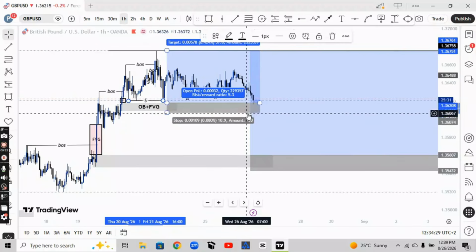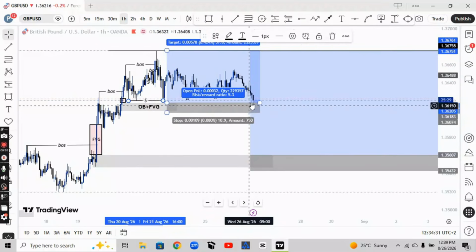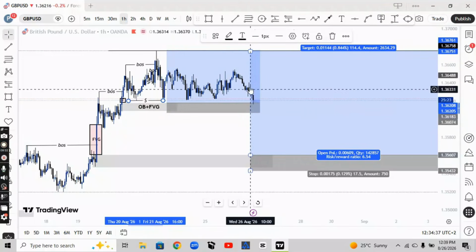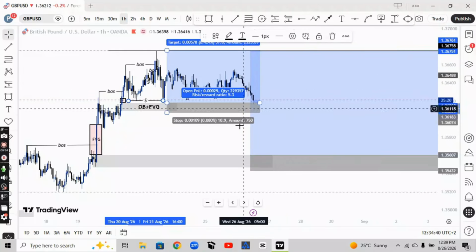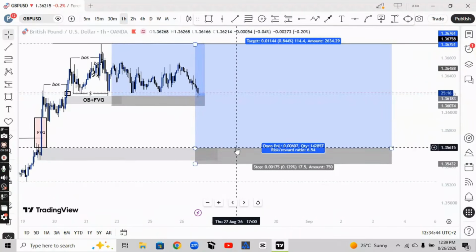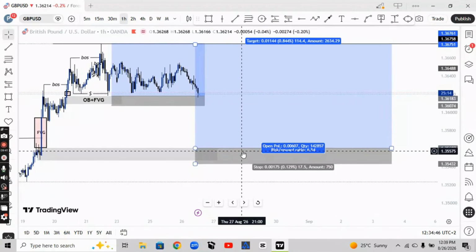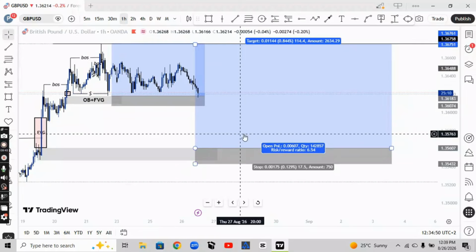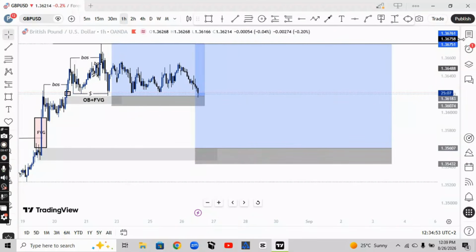So this is the level that I currently have, which the market tapped in with a sniper entry, but it hasn't gone in our direction yet. And then we also have this level. If this level holds and pushes price further high, this level won't be valid.